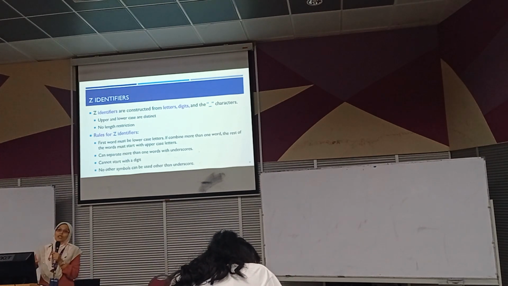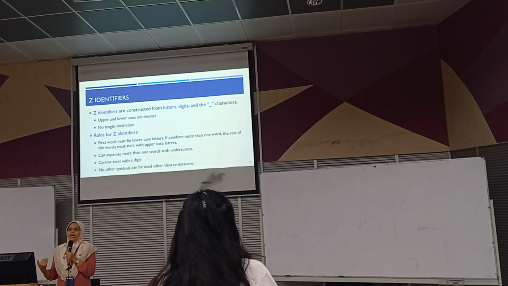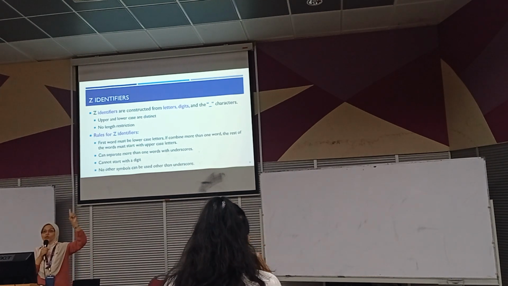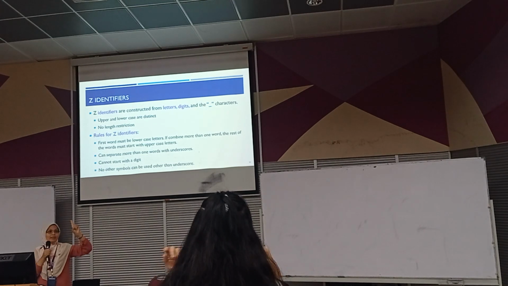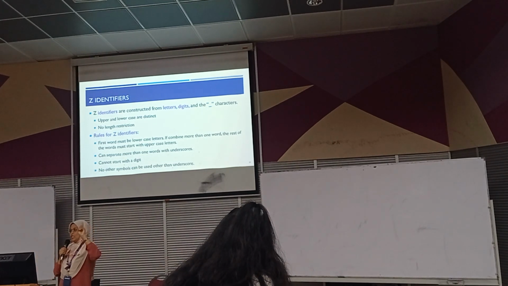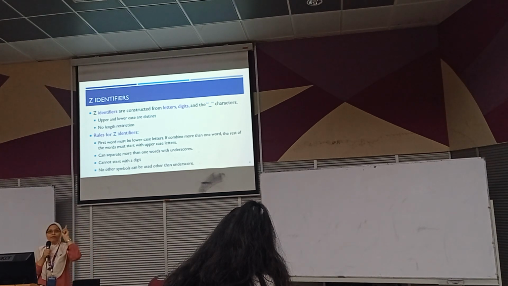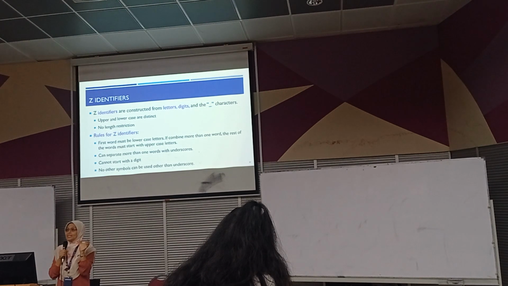There are rules also for our Z identifiers. If you have one word only, it can be plural or singular, no problem. But all the characters in this word must be small letter.